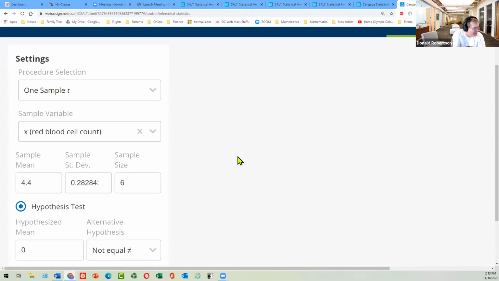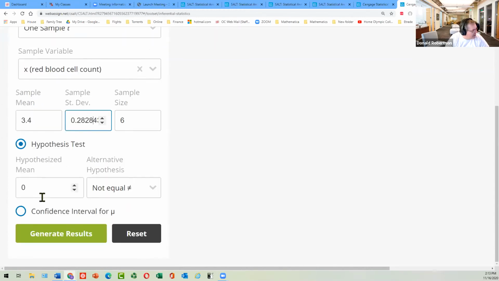Isn't it already typed in for us? Almost all typed in for us. Do you see they've got the 4.4 and the 0.2828 and the sample size? So all I need to do is put in the test number. Is it less than 4.8?